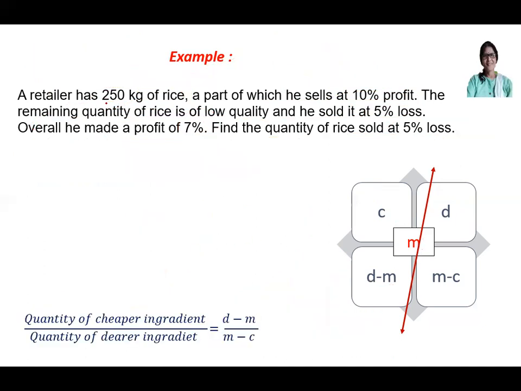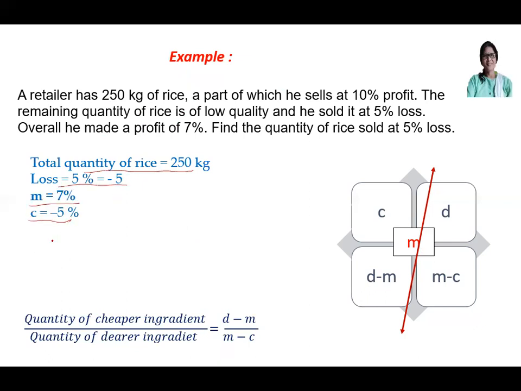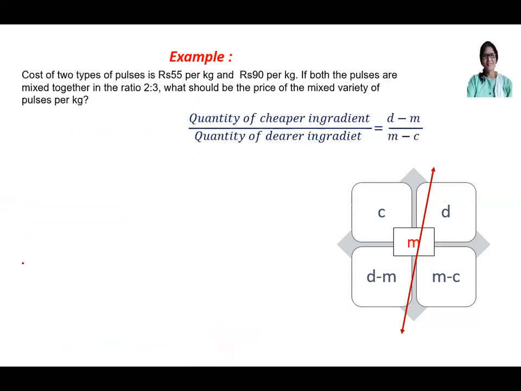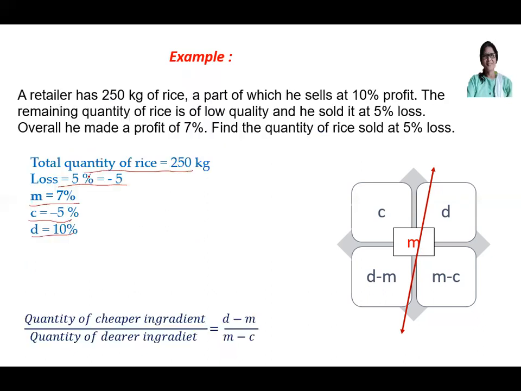Next, we have done it. Total quantity is 250 kg. Loss is -5, M is 7%, C is -5, D is 10%. So we got the answer. It will be 10 minus 7 upon 7 minus -5.